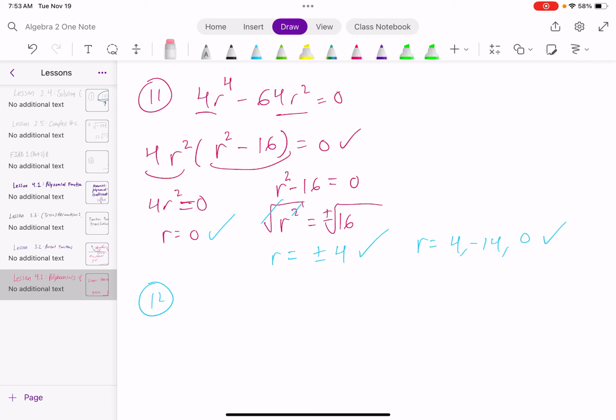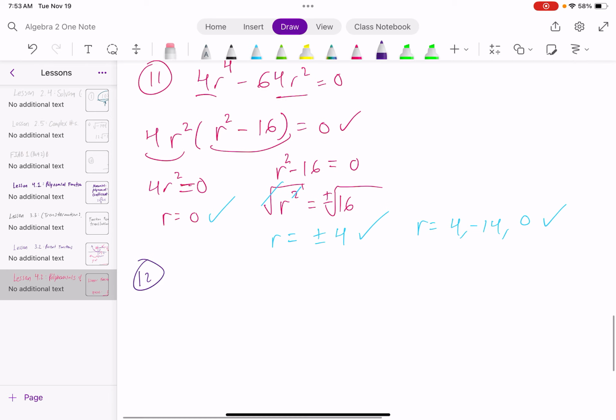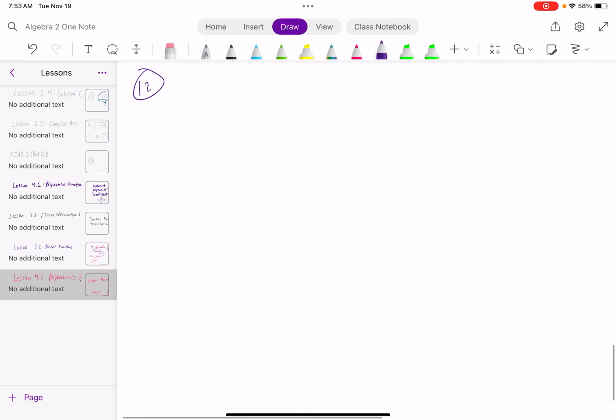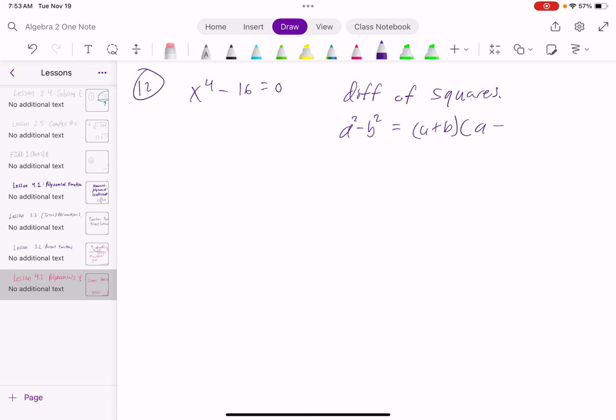Number 12 says solve for x. So these are the difference of squares, which is a squared minus b squared is a plus b times a minus b.